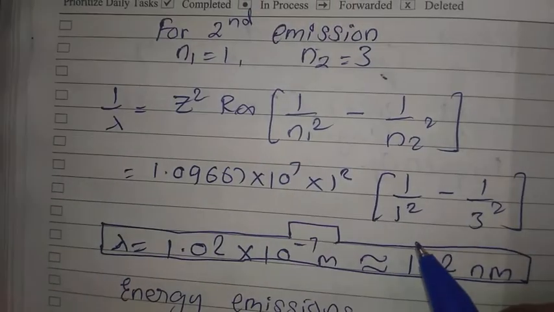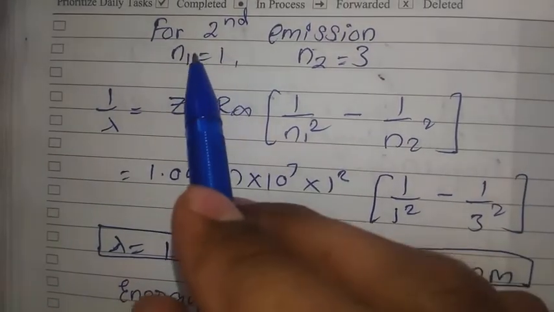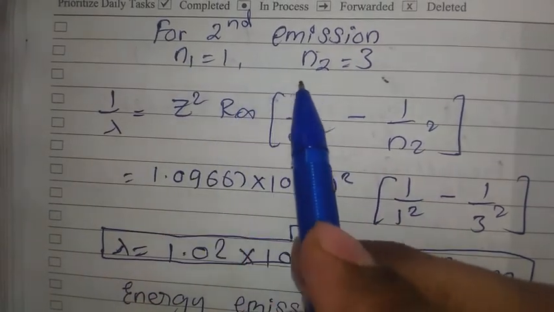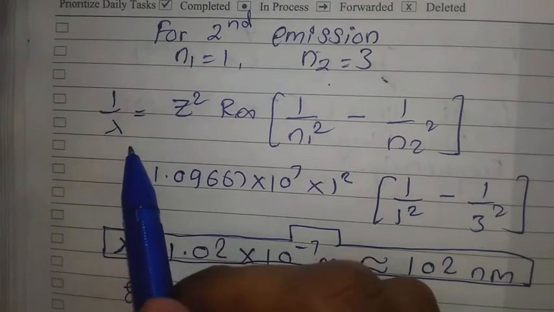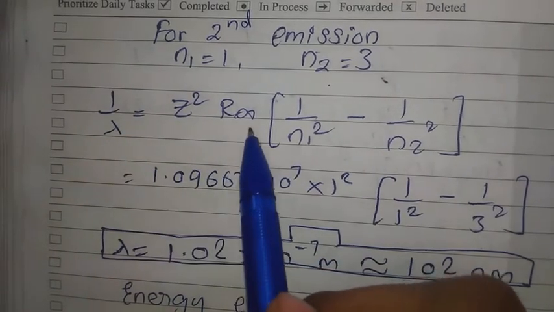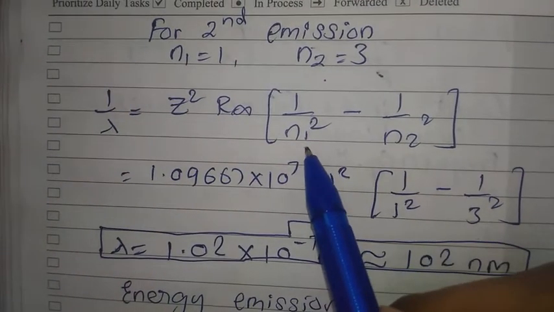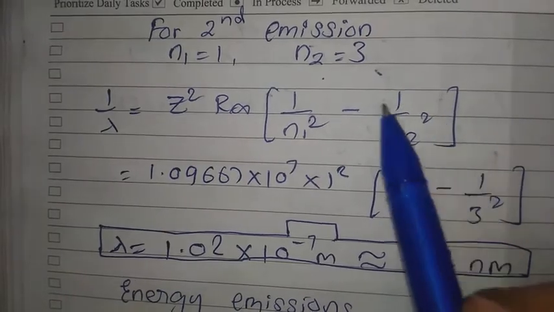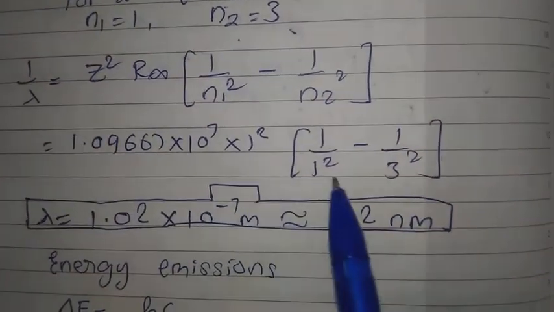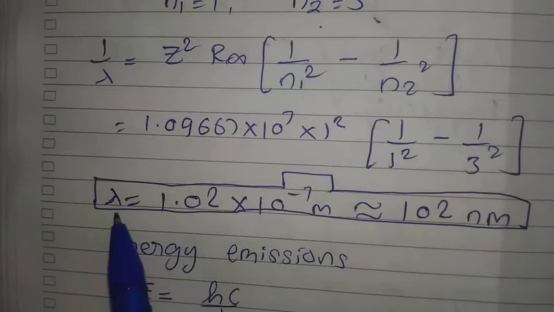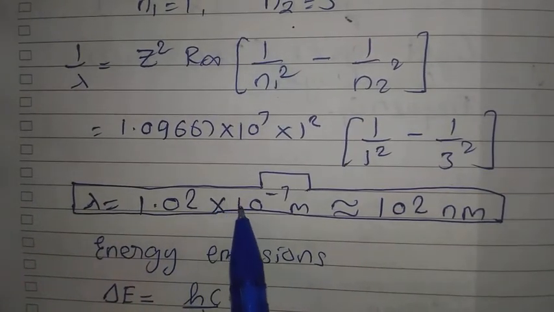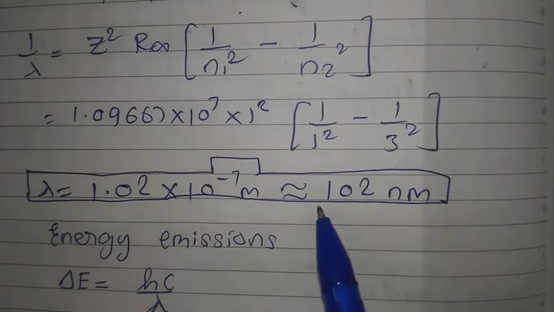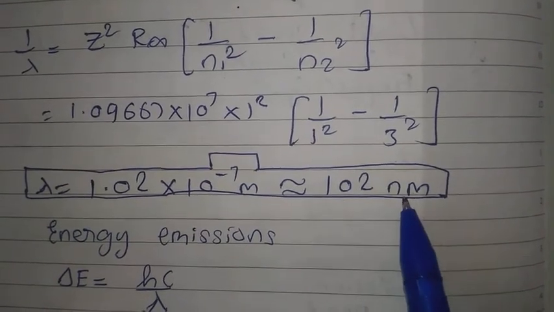And as I told you earlier, for the second emission, n1 is equal to 1 and n2 equals 3. So again, using that same formula, 1 by lambda is equal to Z square R infinity into 1 by n1 square minus 1 by n2 square. Putting all the values in the equation, we get lambda is equal to 1.02 into 10 to the power minus 7 meter, which equals 102 nanometer.